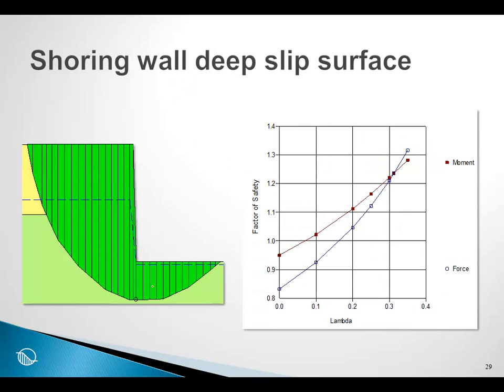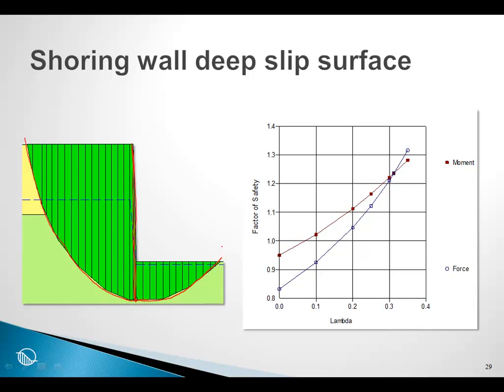Now here's a real life case of a real excavation in the city where I live, Calgary, Alberta, Canada. And this was a deep excavation, and there was some shoring here, a sheet pile wall. And the analyst needed to analyze the stability of the excavation, and he chose a particular slip surface shape that goes into the ground quite sharply, goes through the base tip of the wall, and comes out quite sharply.